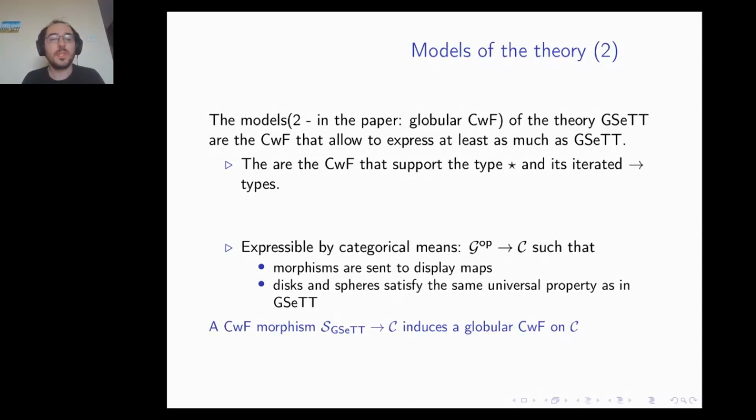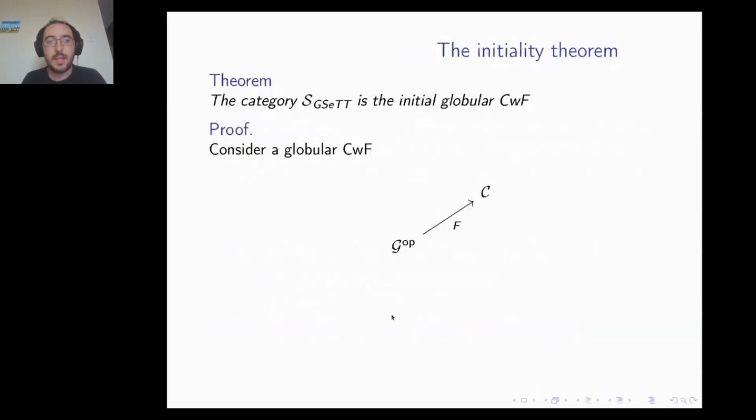And obviously, if you have a CWF morphism from the syntactic category to C, it induces a globular CWF. A globular CWF is this second notion of models. So I'm just changing the terminology here so that I can separate the two notions of models. So it induces a globular CWF on C simply by transporting the structure from the syntactic category to C. And now the key fact is an initiality theorem.